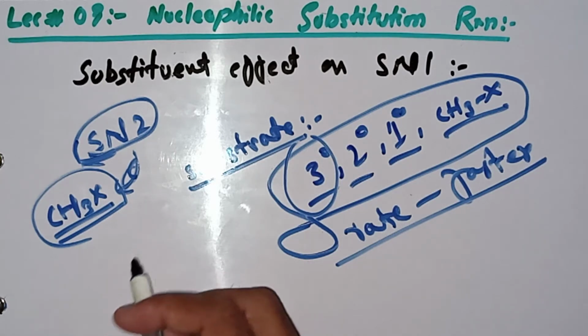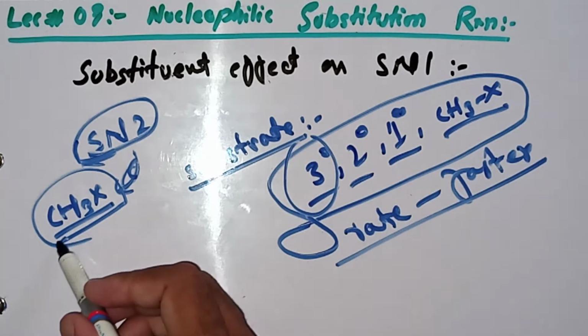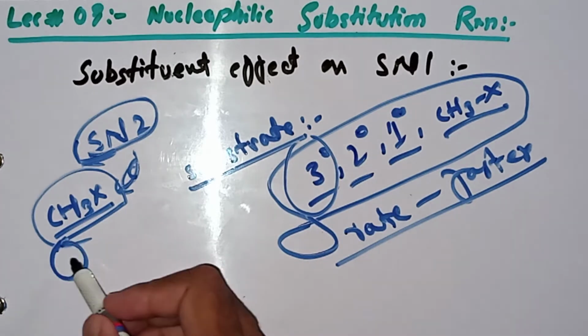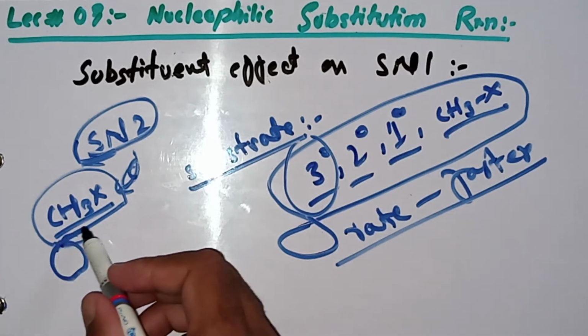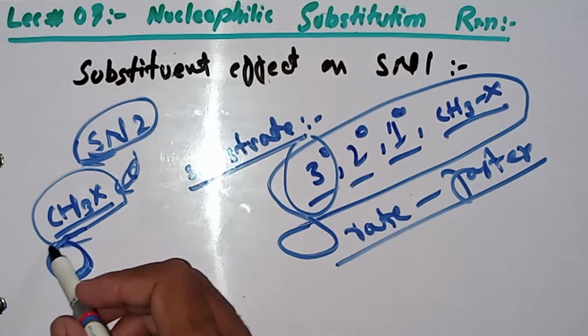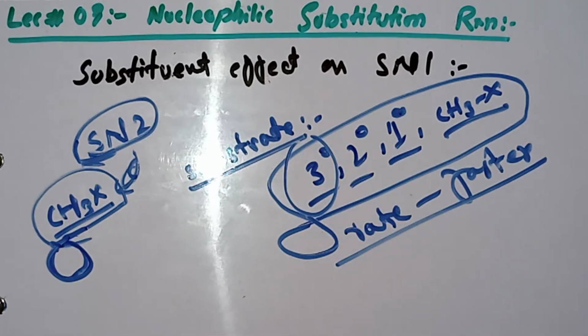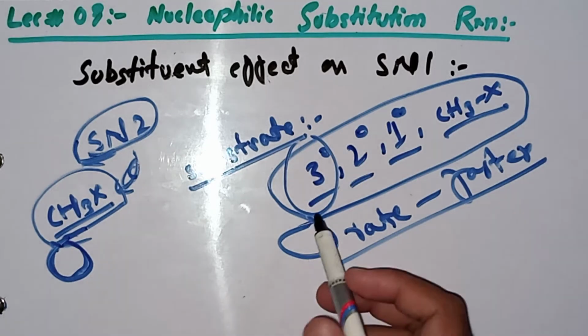As the steric hindrance increases, the collision between the two reactants, substrate and nucleophile, meets greater resistance to the rate of the reaction. That's why tertiary alkyl halide cannot undergo the SN2 reaction.